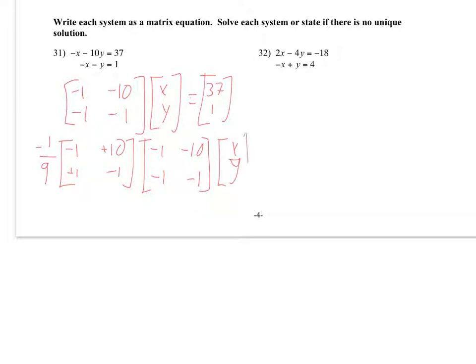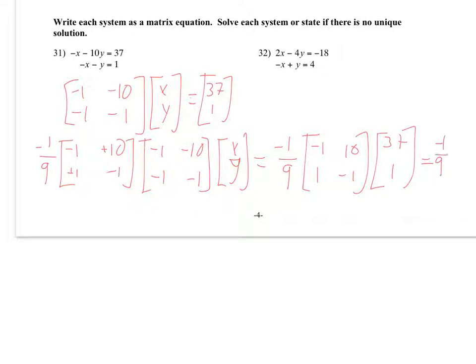And the stuff on the right, when I multiply by negative 1/9, and then negative 1, 10, 1, negative 1, 37, 1. Hopefully this cancels out rather nicely. So we get negative 1 times 37, okay. That's going to be negative 37, plus 10 is going to be negative 27.